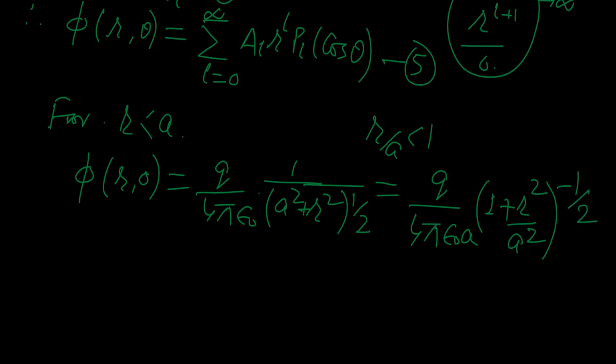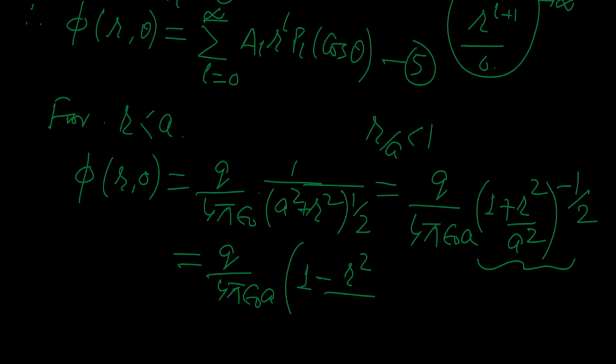Let us again expand this by binomial expansion. We will get, after expansion, q over 4 pi epsilon naught a into 1 minus r square over 2a square plus 3r4 over 8a4 minus and so on.